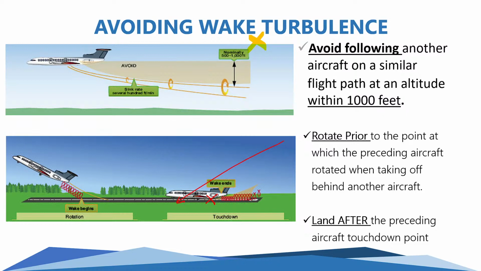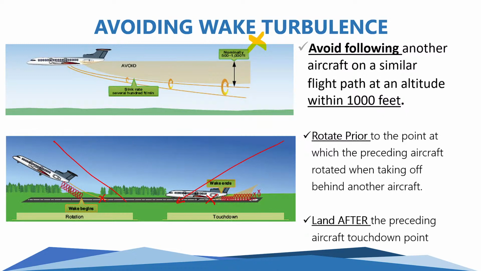If you're taking off and you note their rotation point, basically when the pilot starts pulling back, you're going to rotate or take off prior to that point, and try to stay outside of that wake and potentially ask for an early turnout as well.